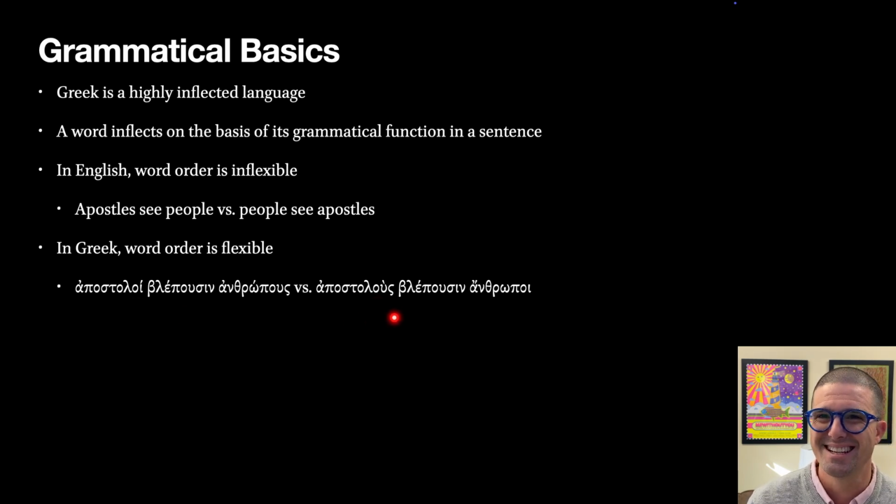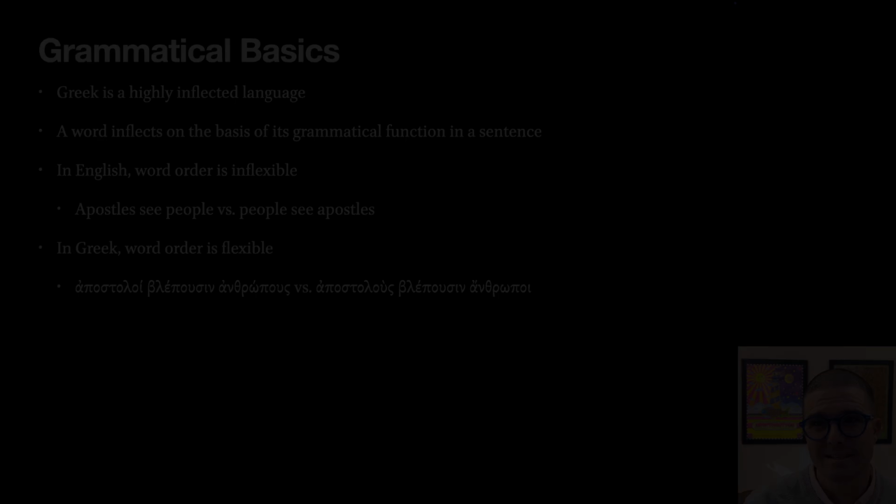We'll talk about those endings in a little bit. Apostolous blepousin anthropoi, this one means "people see apostles." You could have either one of these as sentences meaning two different things because the function of each word is dependent not solely on word order, but largely upon the endings of those particular words, indicating what they are doing in the sentence.